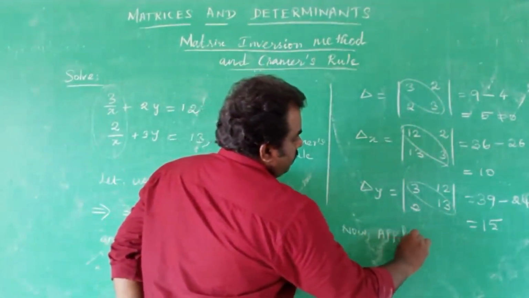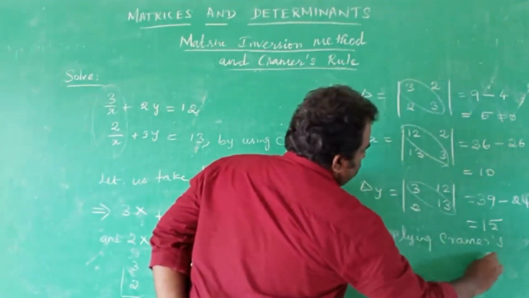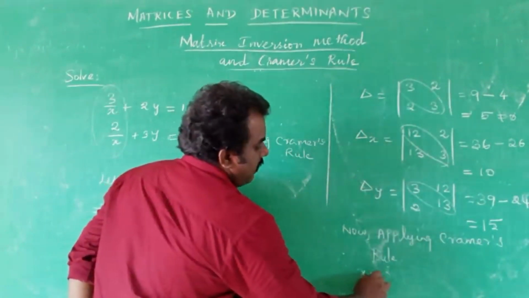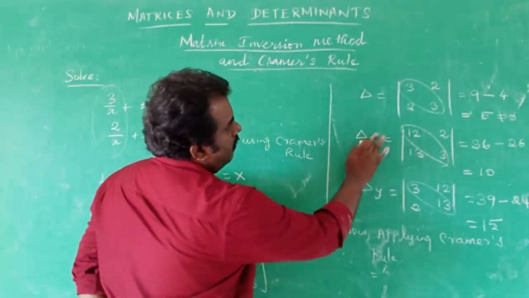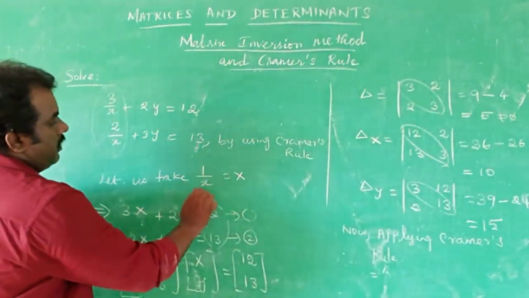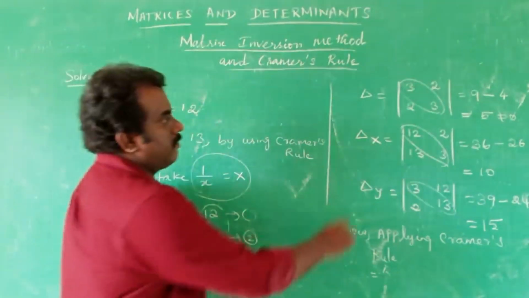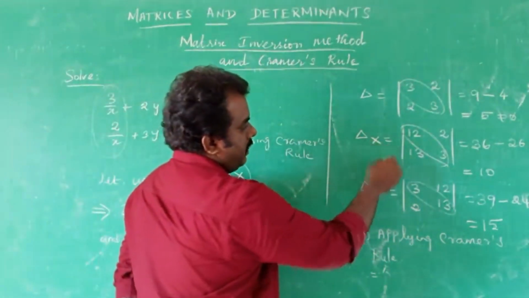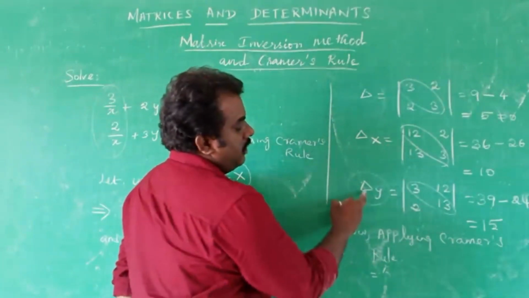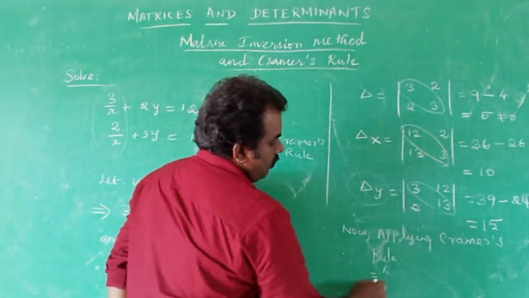Now applying Cramer's rule, the first one can be taken as capital X, the reason being that right in the beginning I took 1/x equal to capital X. The first is delta capital X, then the second, as usual, the small letter y, delta y.